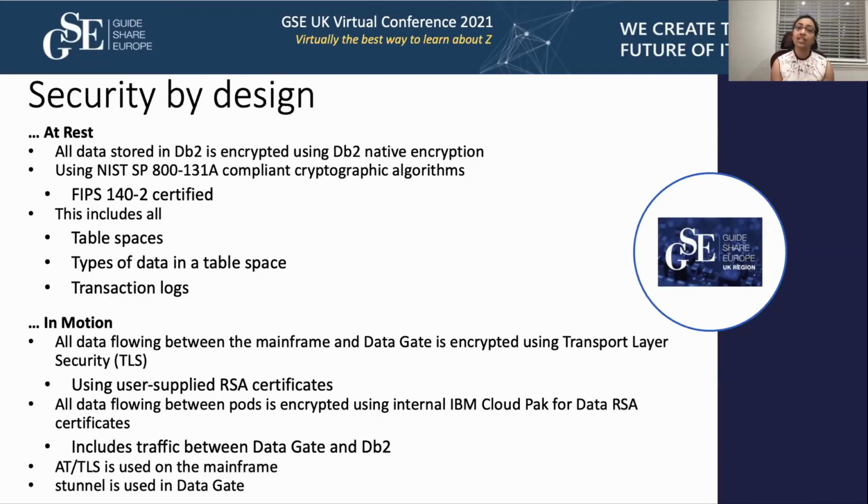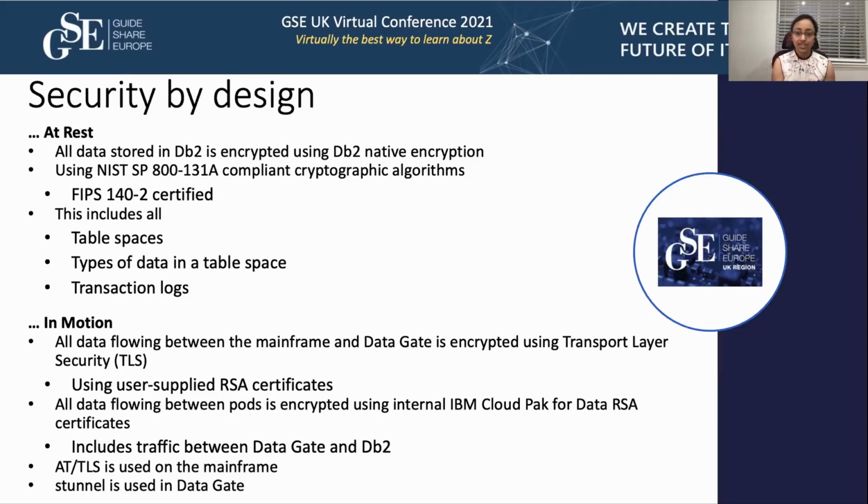Once the data has arrived into DataGate, the Cloud Pak for Data security by design ensures that all the interpod communication, which is all driven by Kubernetes, is also encrypted using Cloud Pak for Data's RSA certificates. And this also includes the communication between DataGate and the DB2 target that's on the Cloud Pak platform.